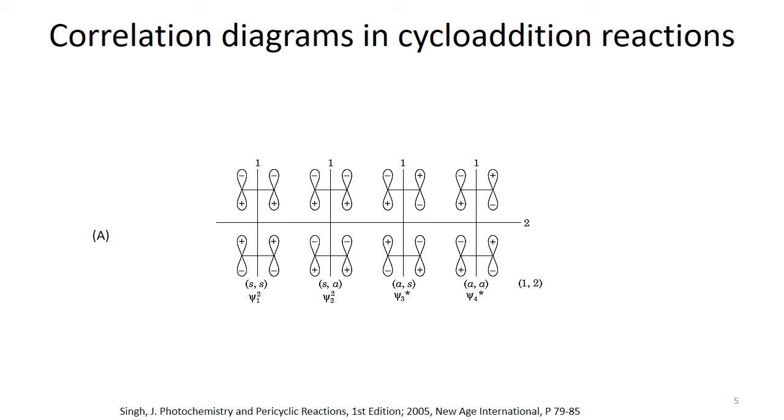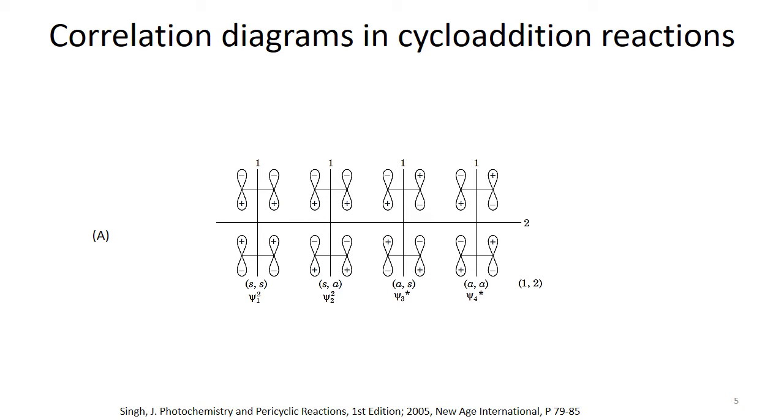So why is it important to consider the supra-antara and antara-supra interactions here? Because this is how we are going to see how the energy of the system is minimized. If we talk about supra interaction, the interactions are basically constructive here. And if you talk about the supra and then antara interaction, in this case we have one node here.